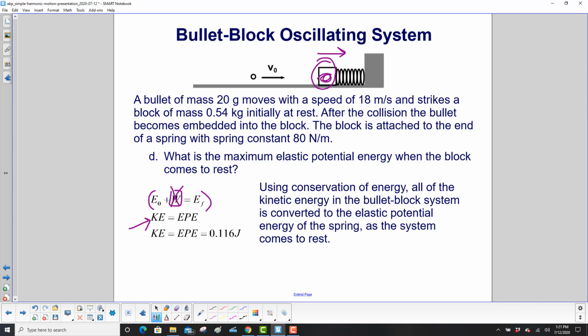And when the block comes to rest, that means the block has squished the spring as much as it can before the spring shoots it out this way. And at that point, with no kinetic energy, all you have is elastic potential energy. So the maximum elastic potential energy will be the initial kinetic energy of the bullet block system, which was 0.116 joules.